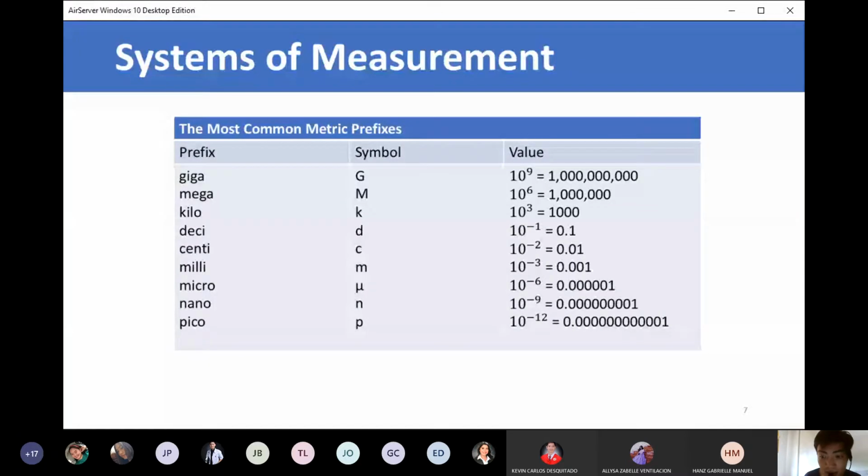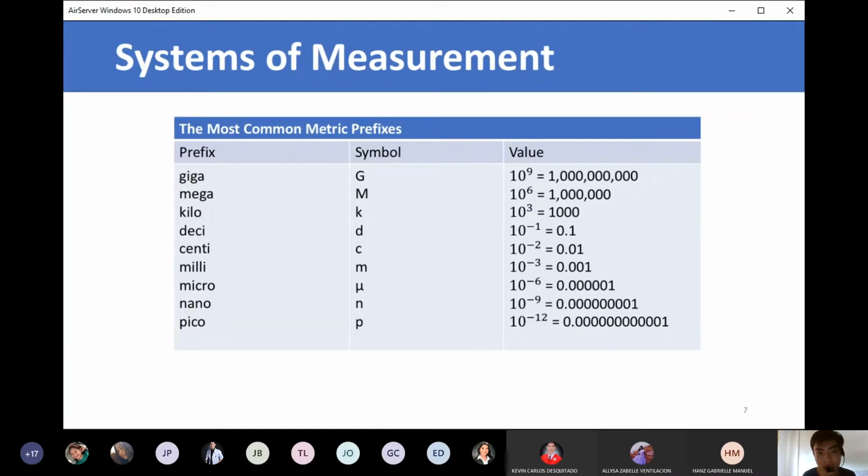So bytes can be expanded into a very big number. If you have 1 billion bytes, then you have a gigabyte. The good thing with the metric system is that it is not only logical, it is not only based on the powers of 10, it is also expandable or contractable.